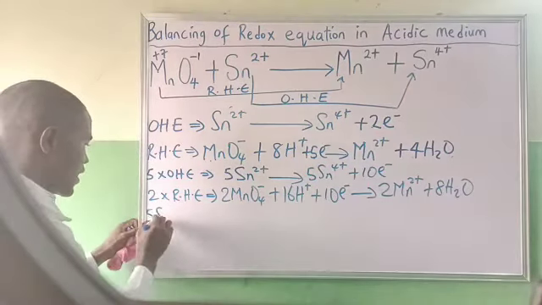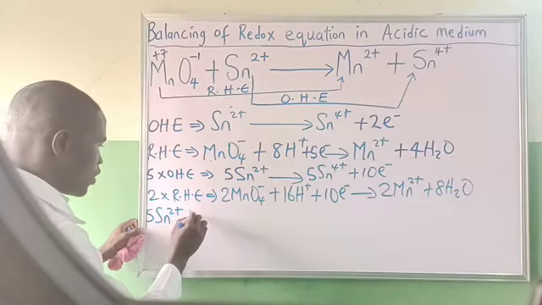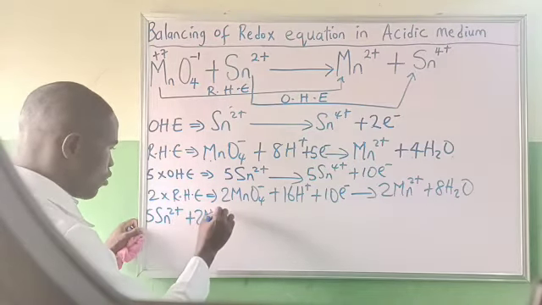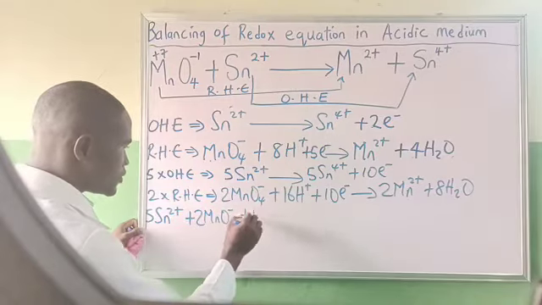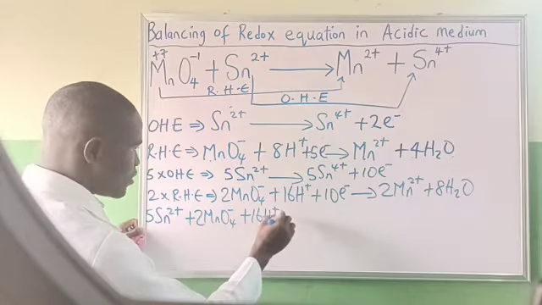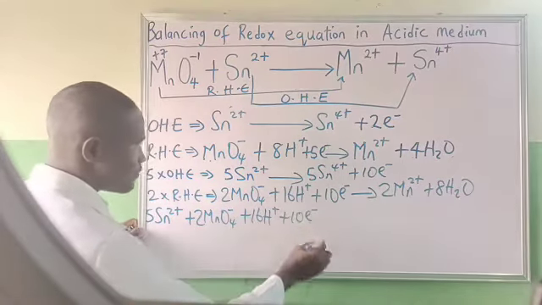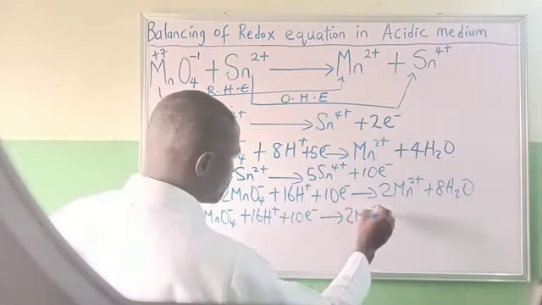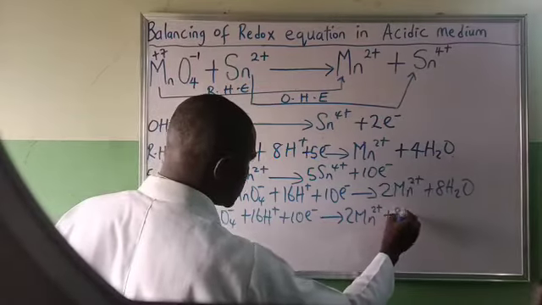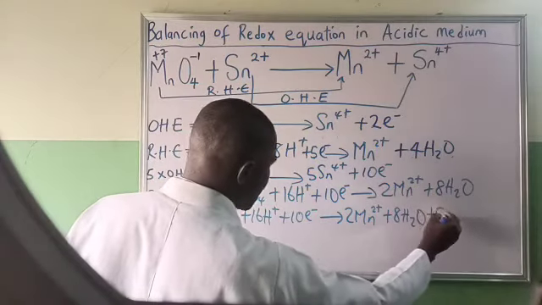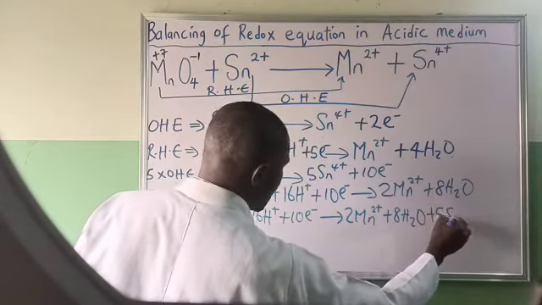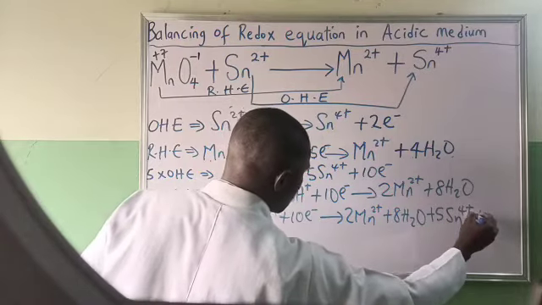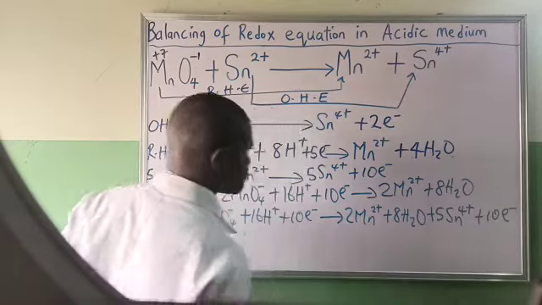Here will be giving you 5Sn2+ plus 2MnO4- plus 16 hydrogen plus 10 electrons to give you 2Mn2+ plus 8H2O plus 5Sn4+ plus 10 electrons.